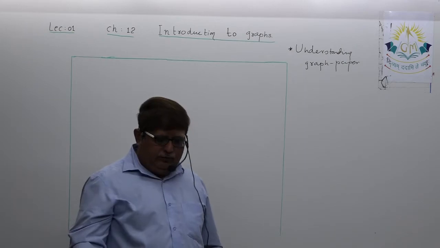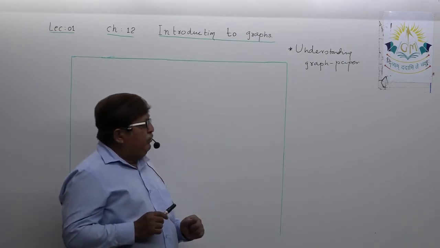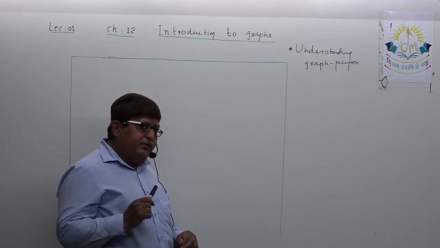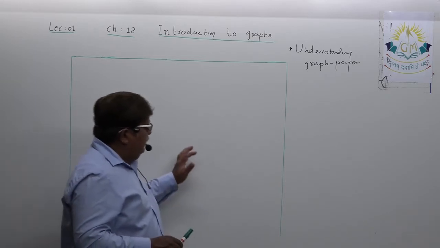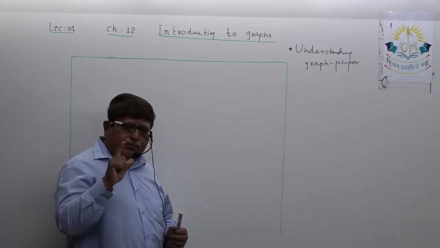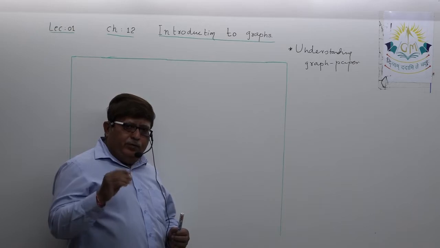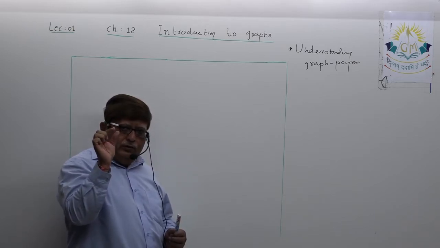Now, dear student, before we start explaining in detail about the graph paper, please concentrate here. First, you look at the graph paper properly. Your graph paper is divided into bigger boxes.